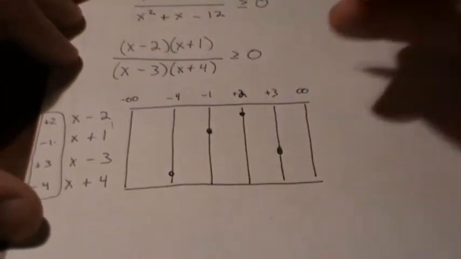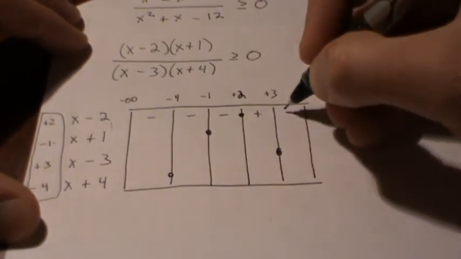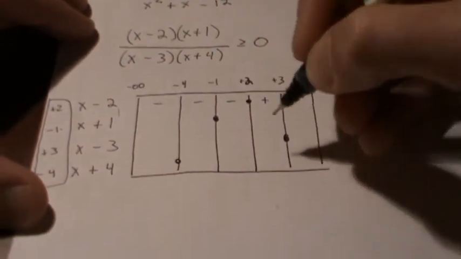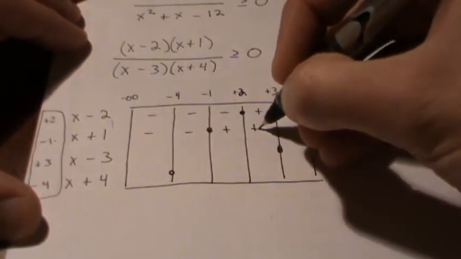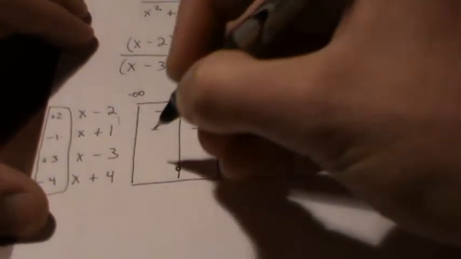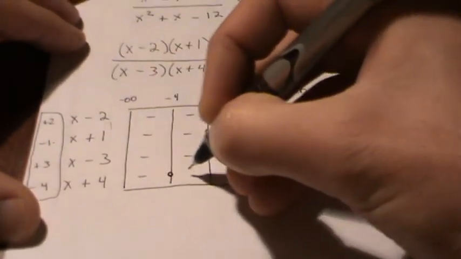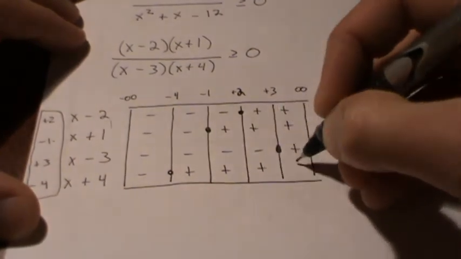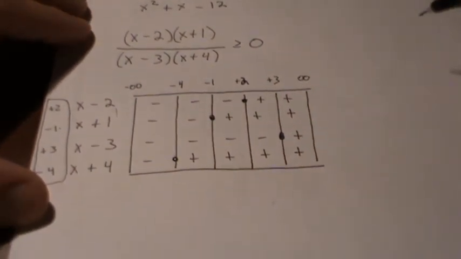And now, again, I would go negative, negative, negative, positive, positive. Remember, when I get to a dot, I switch. Negative, negative, positive, positive, positive. Negative, negative, negative, negative, positive, negative, positives all the way. And I've filled out my factor chart.